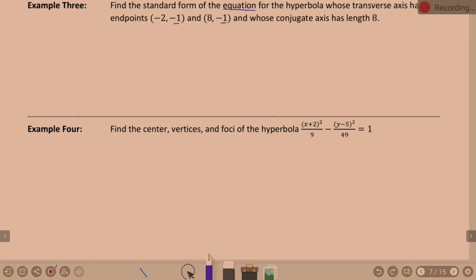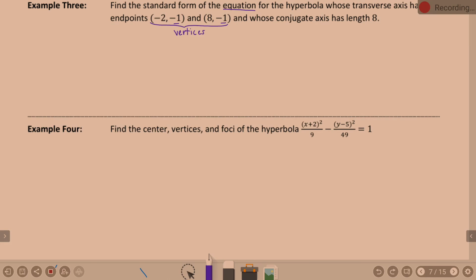Now, let me talk transverse axis endpoints. What are the ends of the transverse axis called? What's the vocab word there? These are the vertices. Okay, so when we talk about the transverse axis endpoints, that is fancy speak for these are the vertices they're giving us.